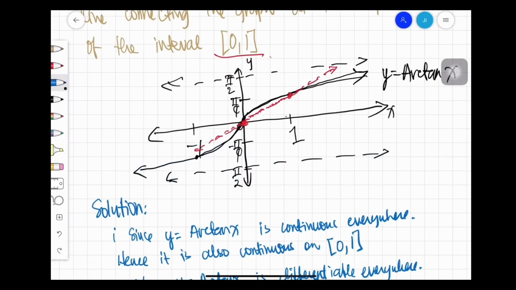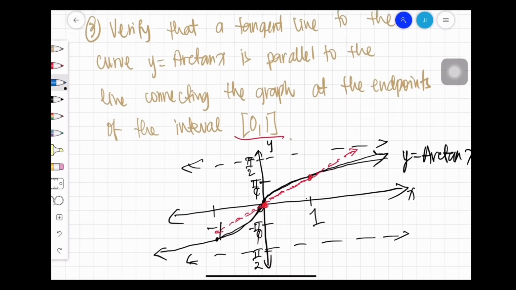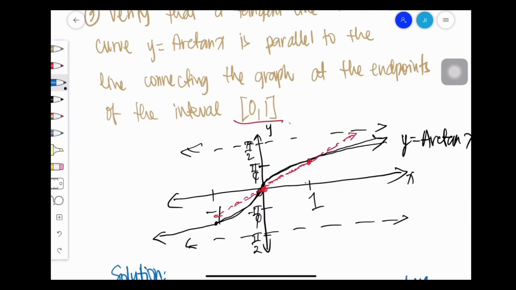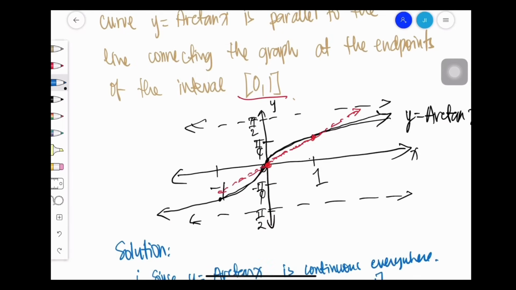If the question really only asks if there is a tangent line, meron bang tangent line dun sa curve na yon na parallel dito, tapos na. We already found it.